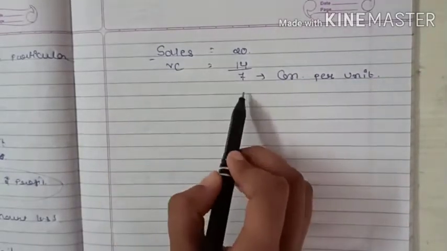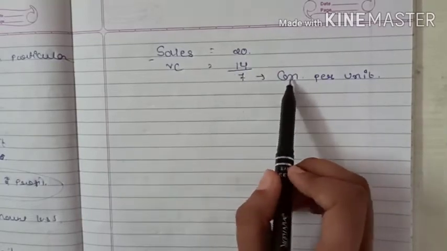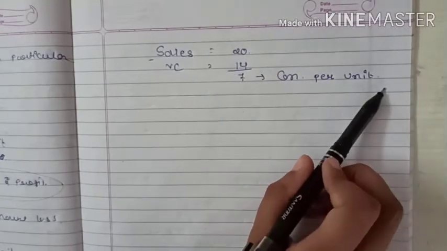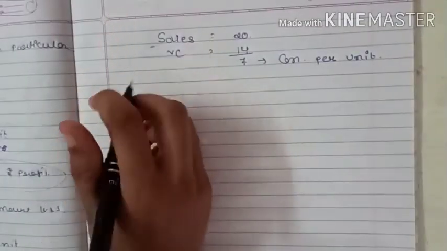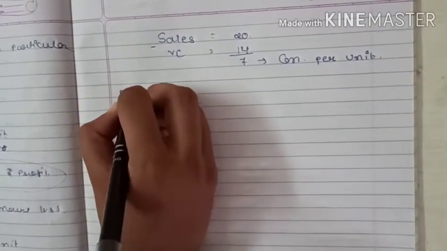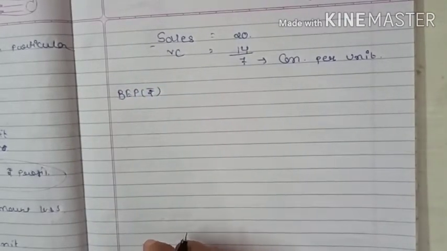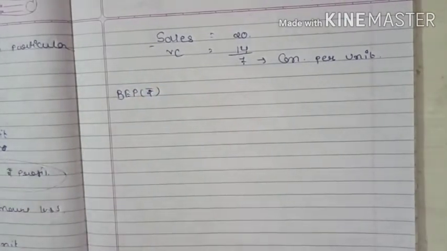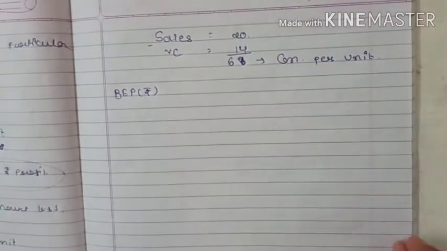And no need to deduct the fixed cost because the variable cost or contribution is per unit. Right? So now we have to find out the BEP in rupees. Sorry, here it will come 6 rupees.